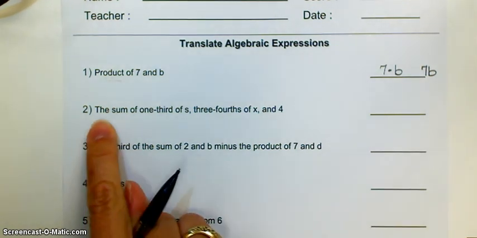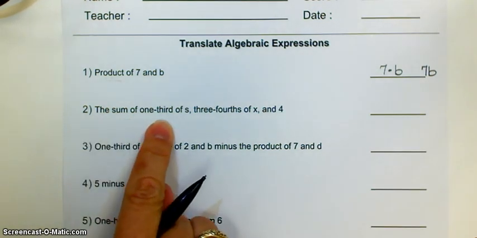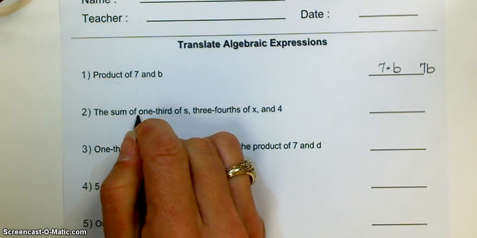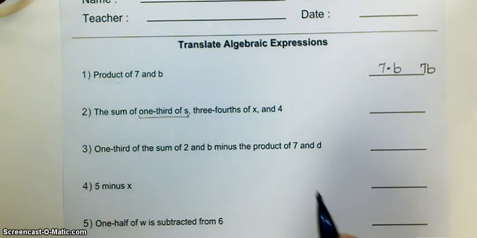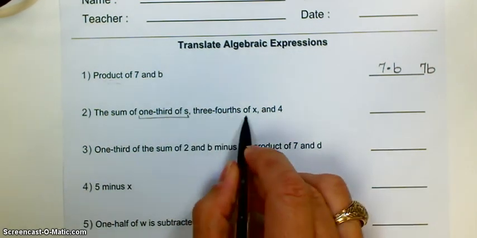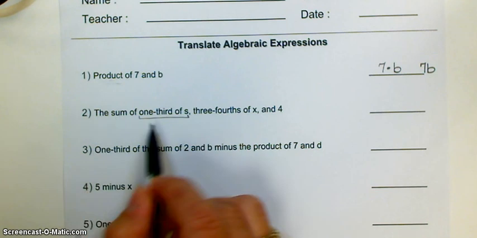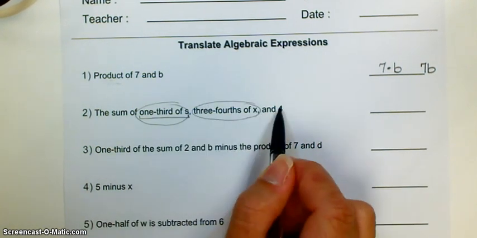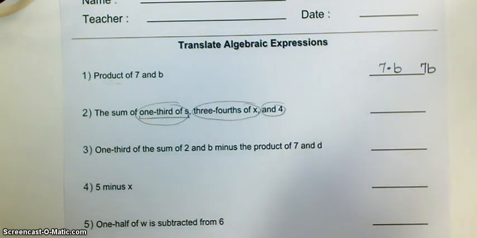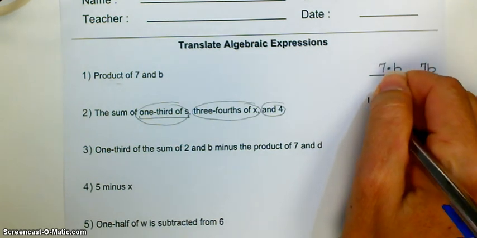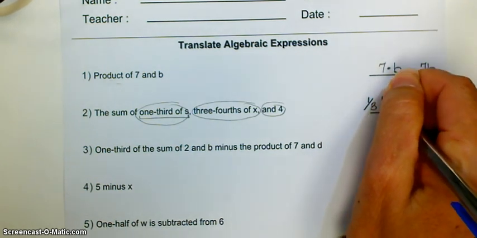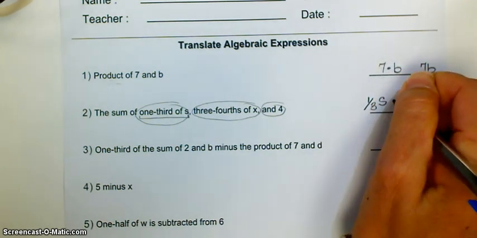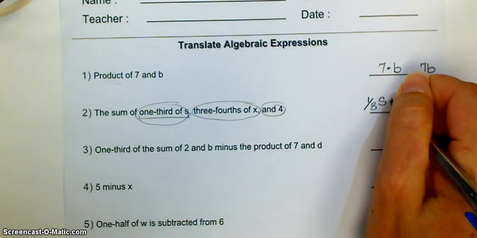Okay, the sum of 1/3 of s, so I'm going to have to break that up, 3/4 of x and 4. So the sum of this, this, and this. Okay, so 1/3 of s, and it's a sum, so I'm adding these three things together.